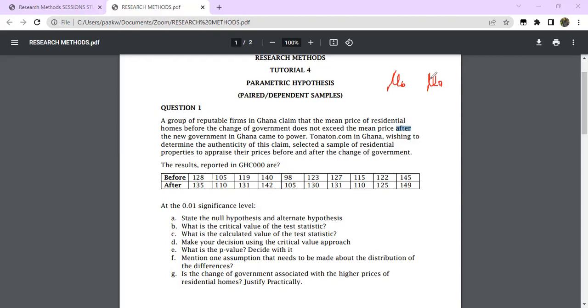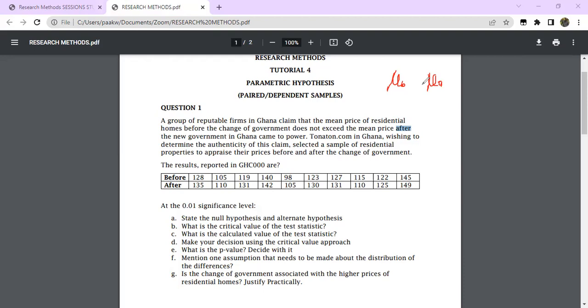So it is what? Less than. Now with this word, does not exceed, which sign does it relate to? It could be equal. It could be equal or less. So it should be less than or equal to. Good. And less than or equal to is in which hypothesis? It's in the null hypothesis. Good, it's in the null hypothesis.